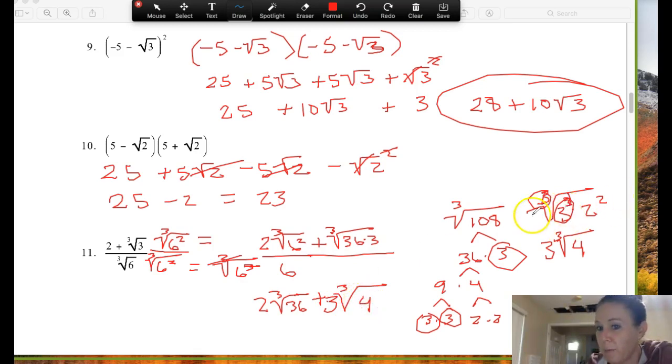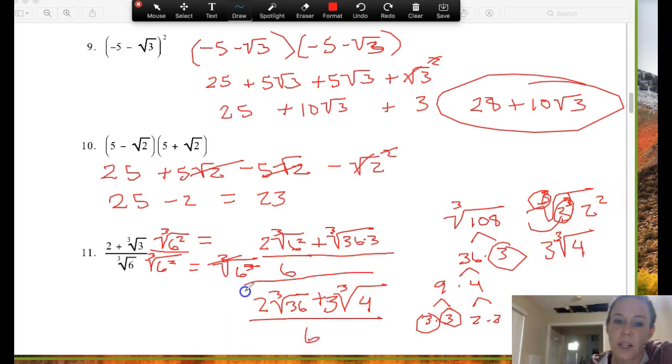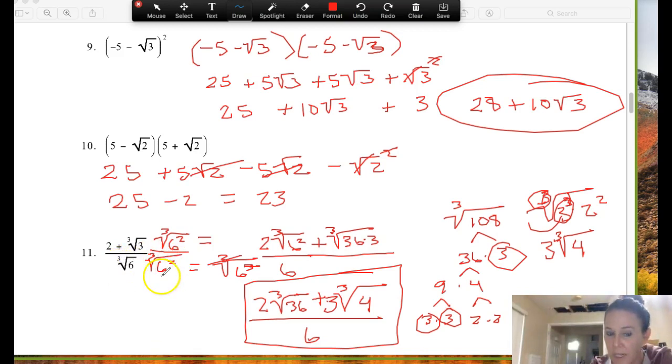That's what was left after I pulled out that 3, and I was left with 4. And then that's all over 6 on the bottom. So rationalizing the denominator for this is a bit tricky, because once you figured out how to get the cube and the cube root to cancel, it made this a little tricky for simplifying. All right, good luck on that one.